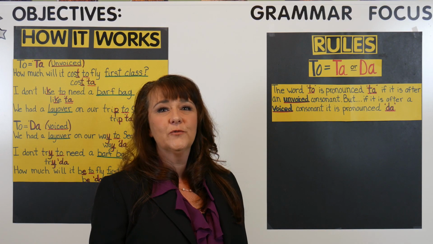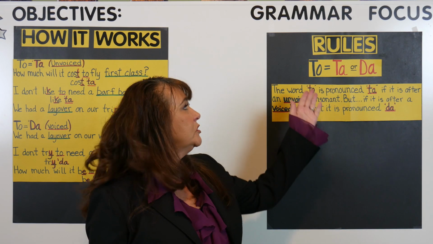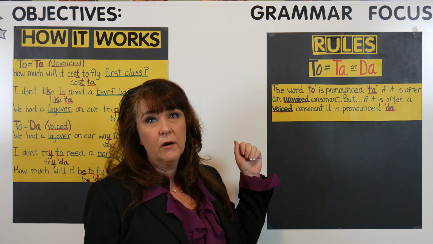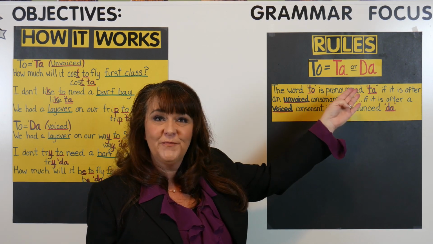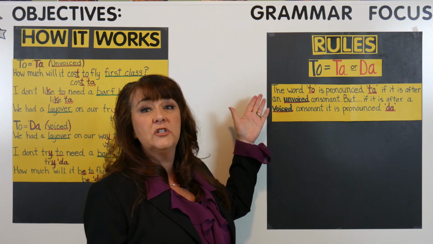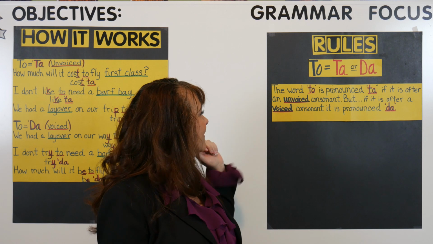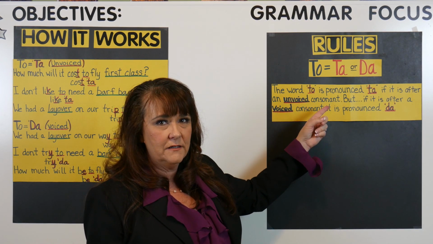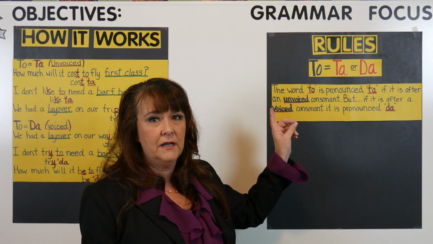So let's look at the rules when it comes to how and why the word "to" changes to "t" or when the word "to" changes to "duh". The word "to" is pronounced "t" if it is after an unvoiced consonant. We're going to talk about voiced and unvoiced in a minute.